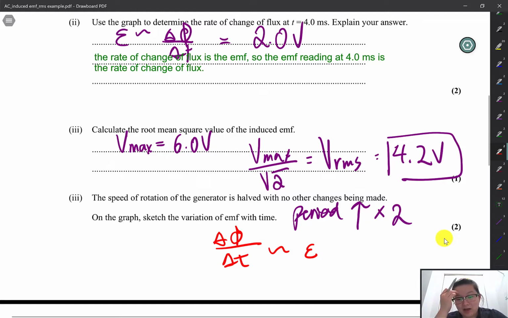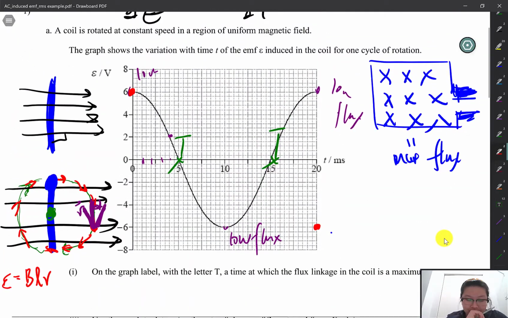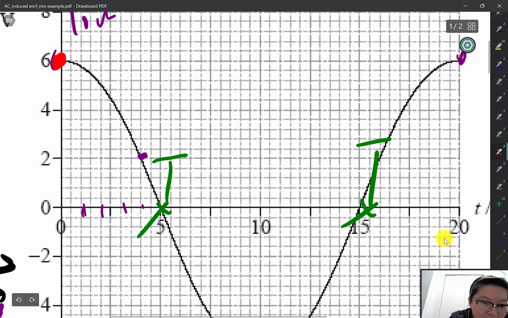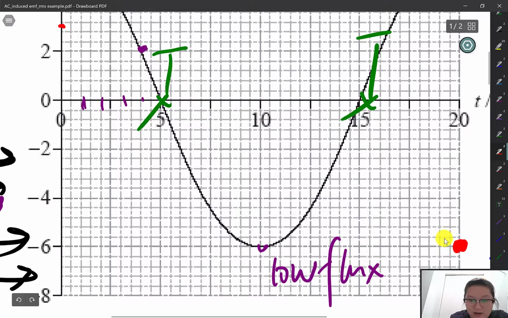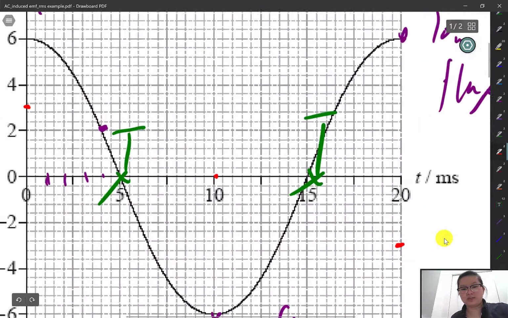So my EMF is going to be halved, and half of 6 is going to be 3. So that's going to be right there for where it starts, and then where it ends, it's going to be about there. So we can get rid of those big fat red dots because that's not going to be the case. It will intersect the middle at 10, and we're going to curve this one out and draw this as best as we can.